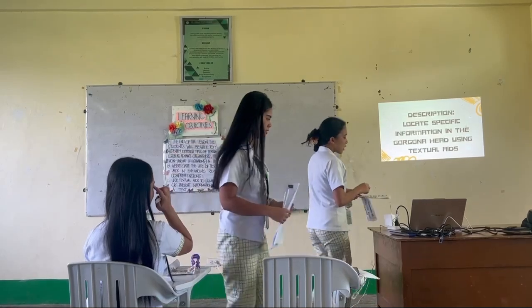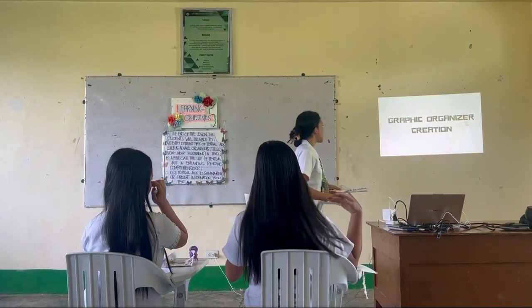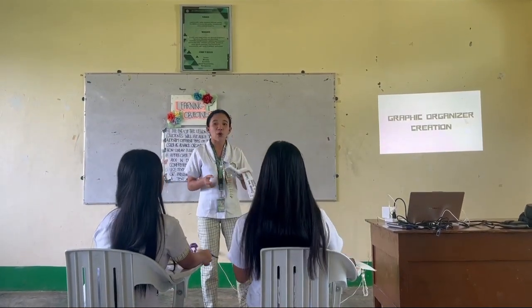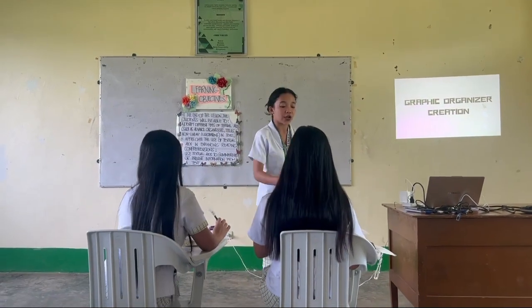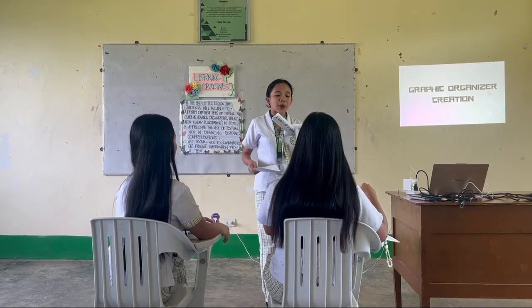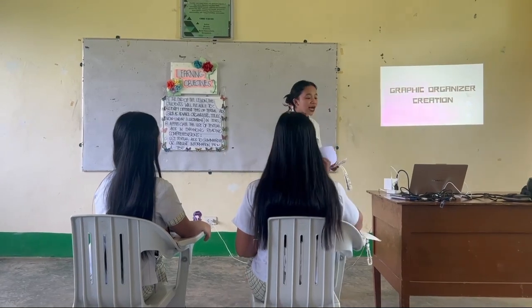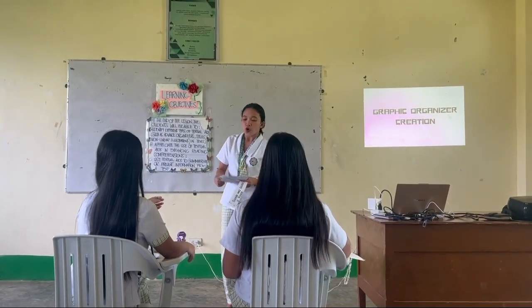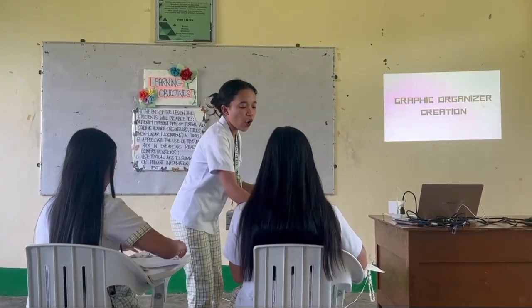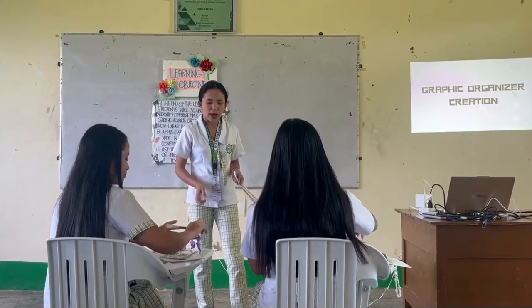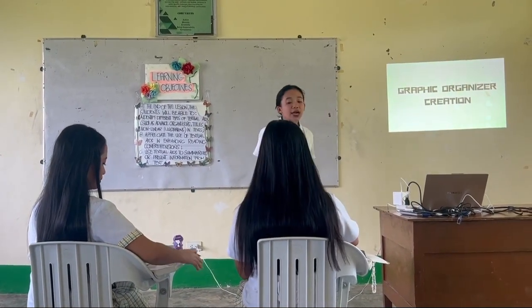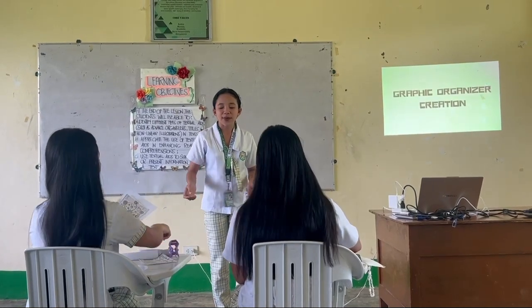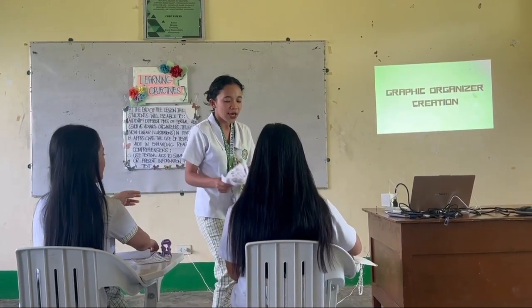Okay, so our next activity is graphic organizer creation. I want you to summarize the main events of the story, including the character, the setting, the problem, and the solution. I encourage each of you to be creative and create your own timeline. You can create your own design, if it is a cloud or a timeline. Okay, very good.